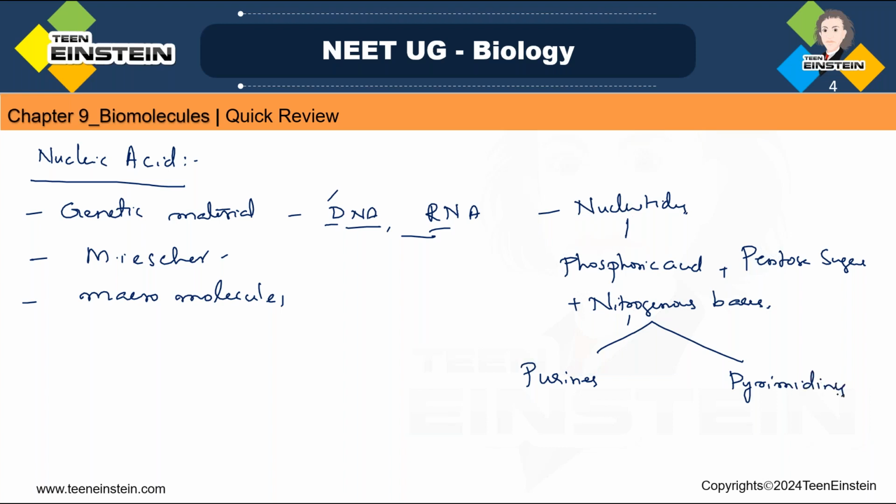Purines are double ring bases. There are two purines, adenine and guanine. Adenine and guanine are the purines.